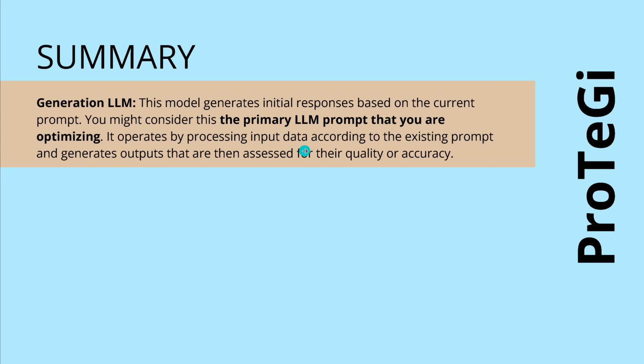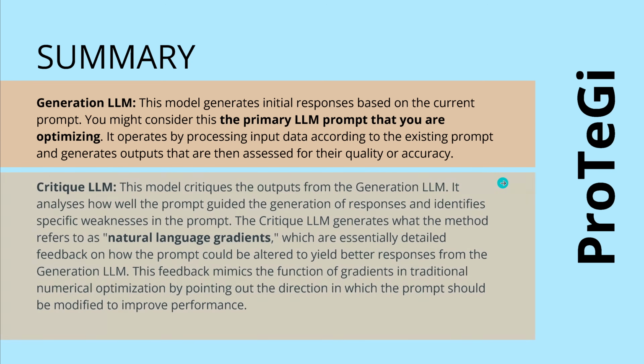And it operates by processing input data according to the existing prompt and generates output that is then assessed for its quality and accuracy, assessed by the critique LLM or GPT-4 or whatever you like. So this new model critiques the output from the generation LLM. It analyzes how well the prompt guided here the generation of response and identifies the specific weaknesses in the prompt.